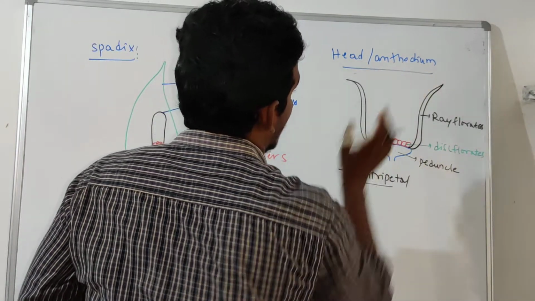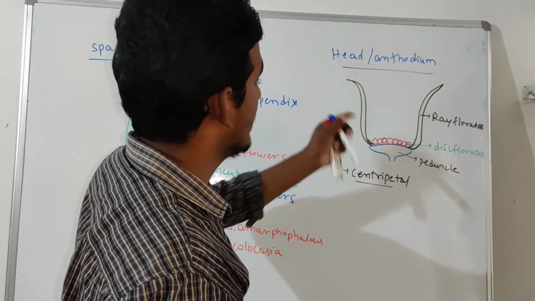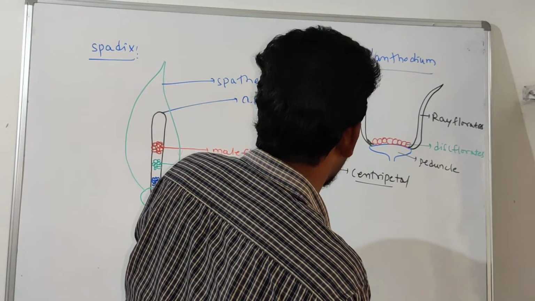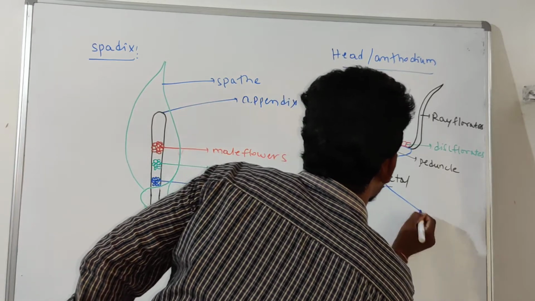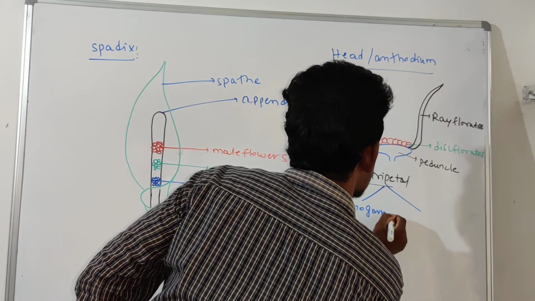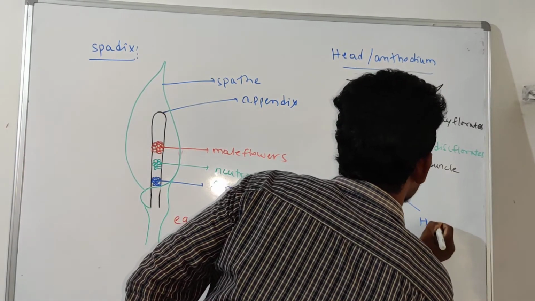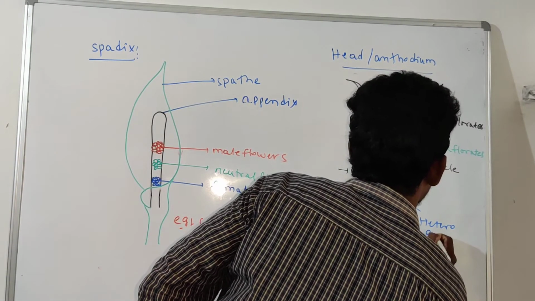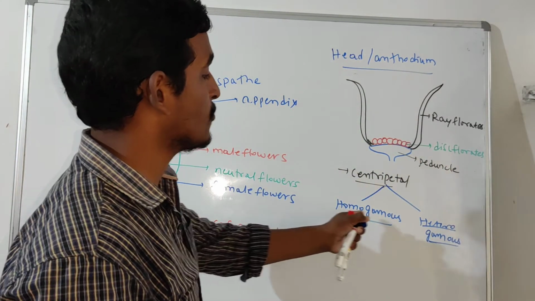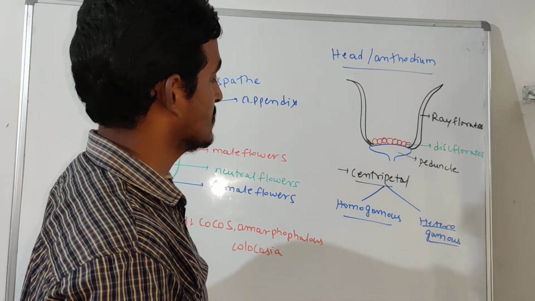So head or anthodium inflorescence is again of two types: homogamous head or heterogamous head. Right? So what about homogamous and heterogamous?